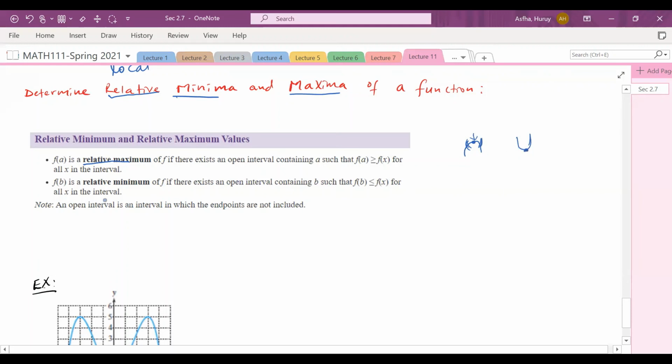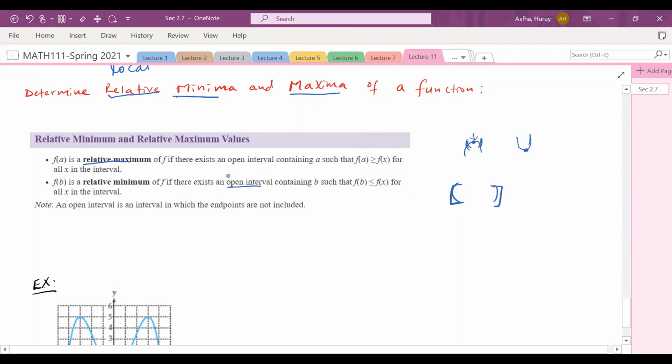Okay, and f of b is a relative minimum if there exists an open interval containing b such that f of b is less than or equal to f of x. The reason we need an open interval is that the endpoints are not included. If the endpoints are included, then we call it a closed interval.